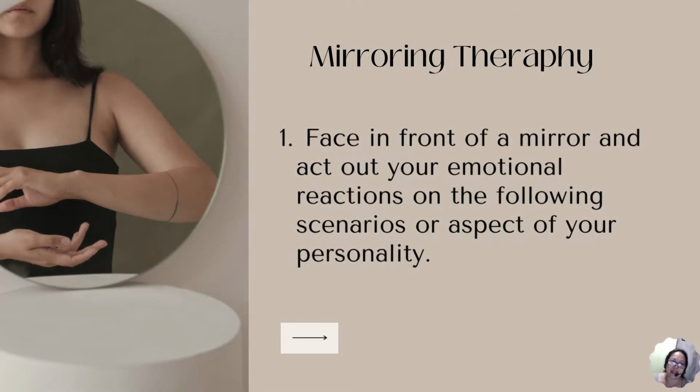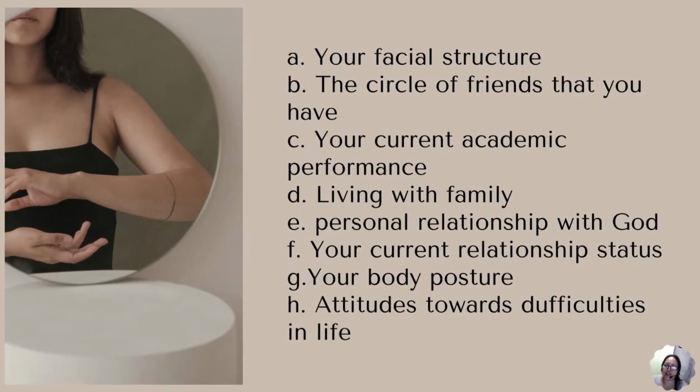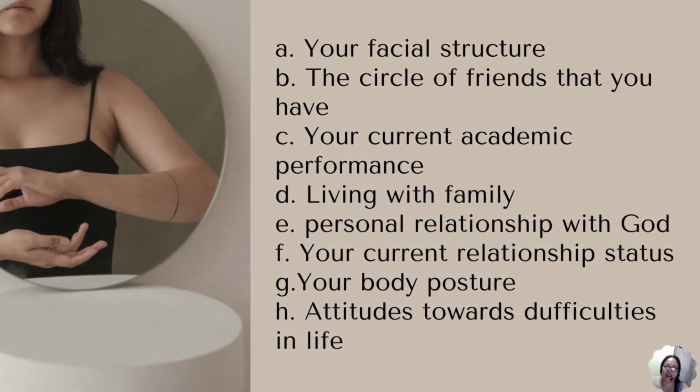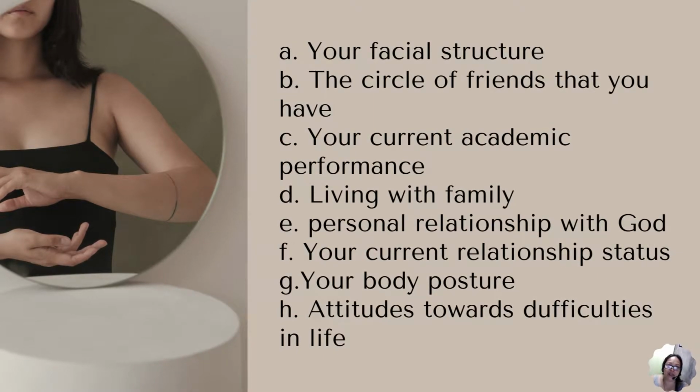Number 1, face in front of a mirror and act out your emotional reaction on the following scenarios or aspects of your personality. Here are the following you have to evaluate. Letter A, your facial structure. Letter B, the circle of friends that you have.